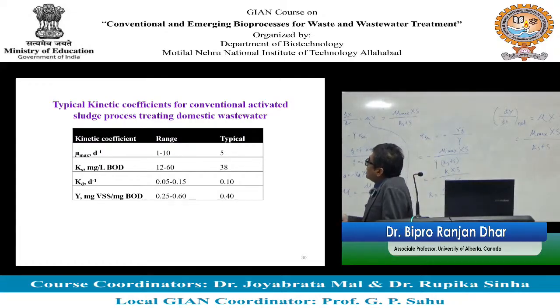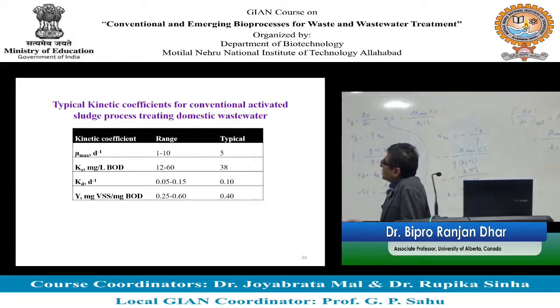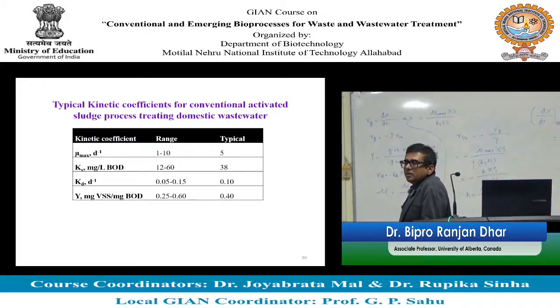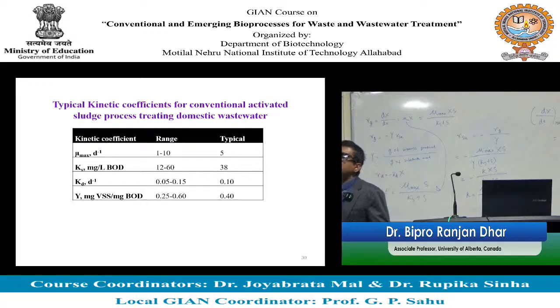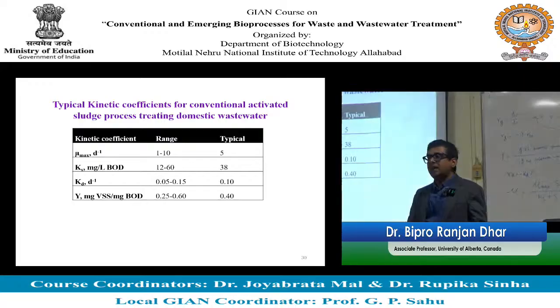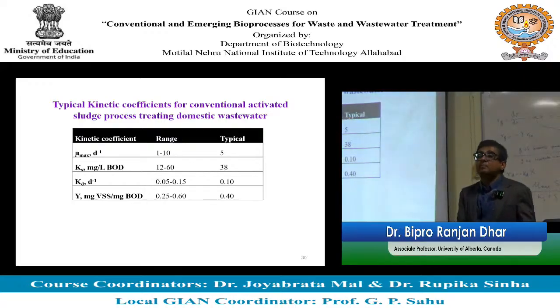So the kinetic coefficients for aerobic microbes in the conventional activated sludge process, those are the typical ranges that you are going to see. And why do you need them? Those kinetic coefficients can be used if we want to do some design calculation or even modeling purposes.